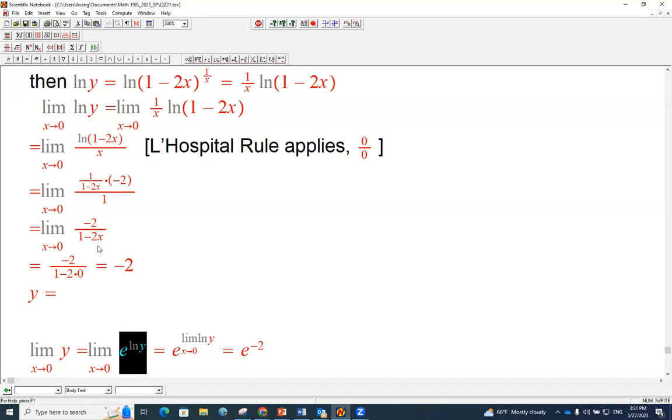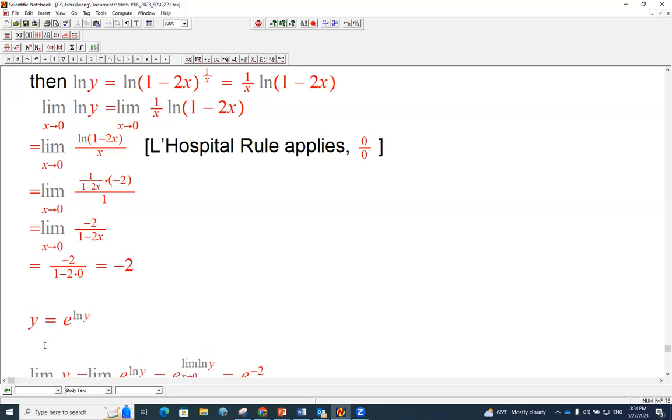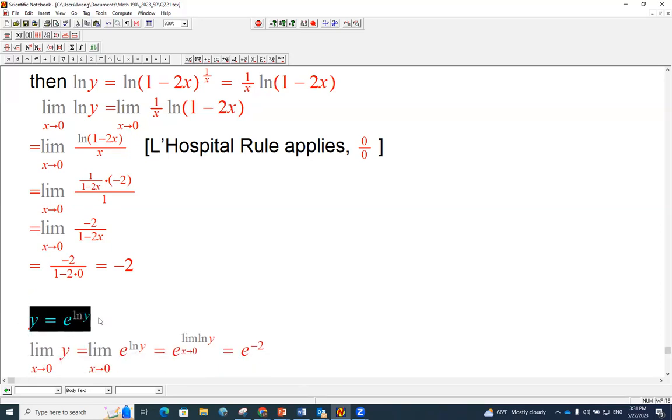When we take the limit on both sides, this is always true for y positive. So we can apply the limit on both sides. And now this limit is going across another continuous function, e to the power of whatever. That's how we take the limit to the exponent.